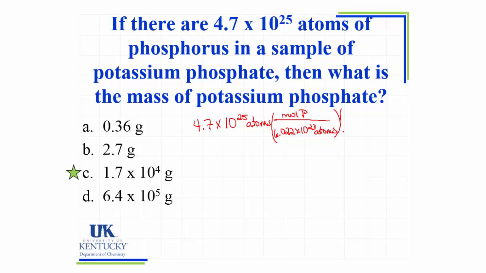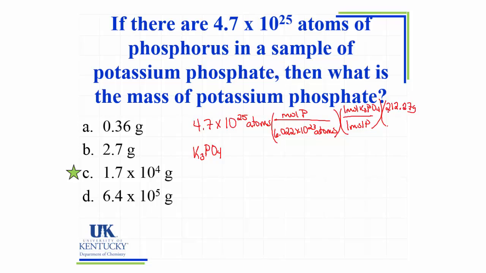Now, I want to use my ratio between moles of phosphorus and moles of the compound, and the formula was K3PO4. So I know that for every 1 mole of phosphorus, I had to have had 1 mole of K3PO4. And now I can use my molar mass to get from moles of potassium phosphate to grams of potassium phosphate.